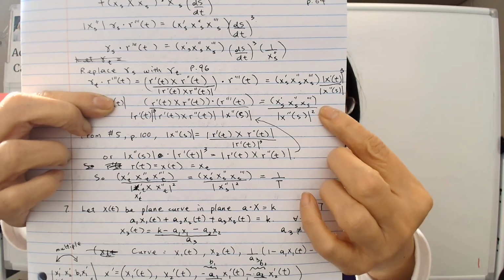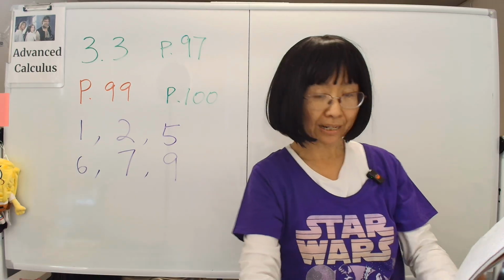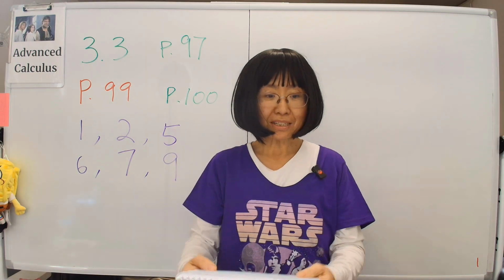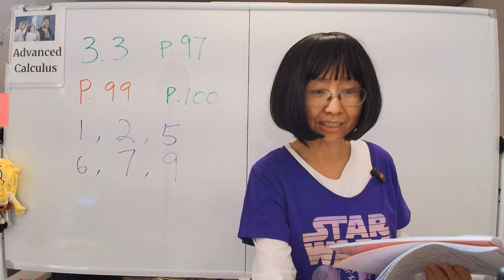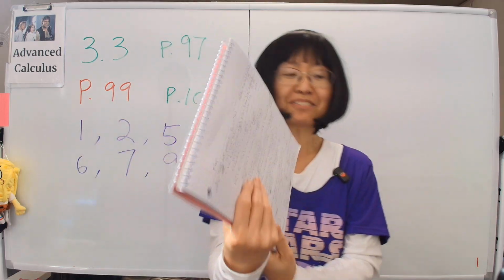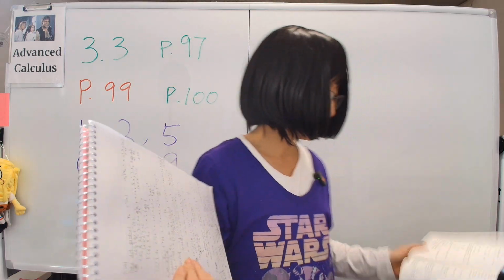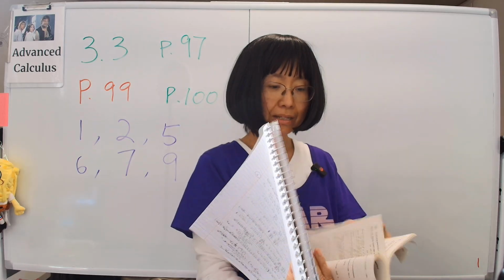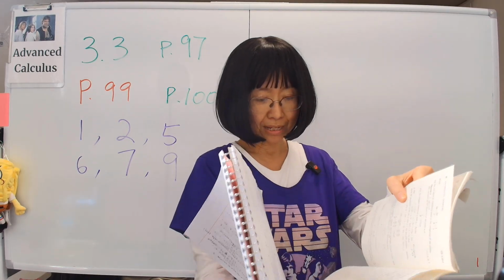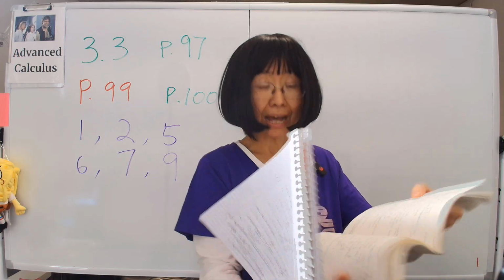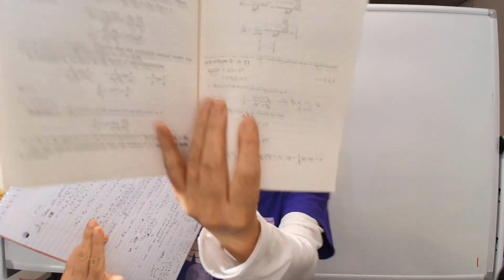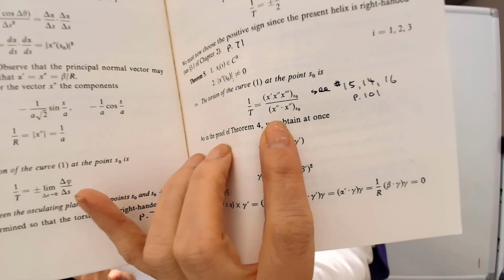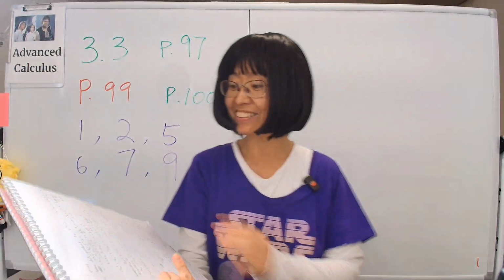There is a square here. Did I miss something? Let me check. Oh, the reason there's a square here is because I put it there on purpose, because we're trying to fit into the formula that we're looking for. The torsion formula has x prime, x double prime dot x double prime, that is the magnitude squared, and we've got to make it come out.